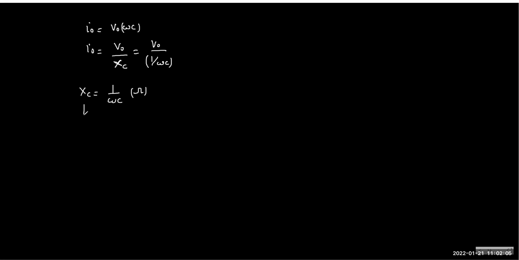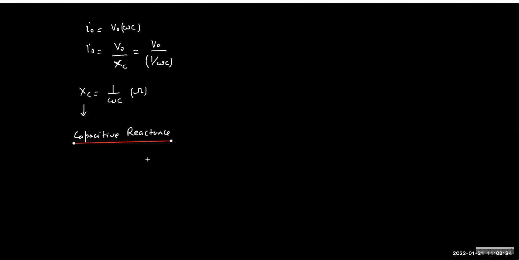So what do we call this? Now the difference between resistance and reactance is that resistance is the dissipator of energy. Reactance opposes the current flow, but they don't dissipate.